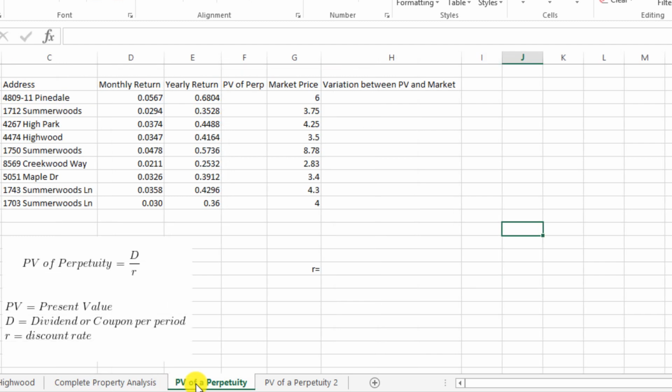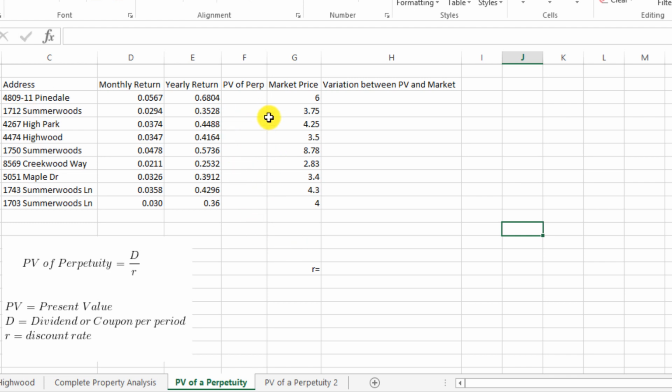As you may or may not know, there's many different ways to value an asset like this. This is just another method. It's not perfect, but it's reasonable. Now, what we're going to be doing is valuing it as a perpetuity. So first off, if you don't know what a perpetuity is, when you give an entity an amount of money, it can be anything, and basically forever, for an infinite amount of time, they're going to return a specific amount to you each period.